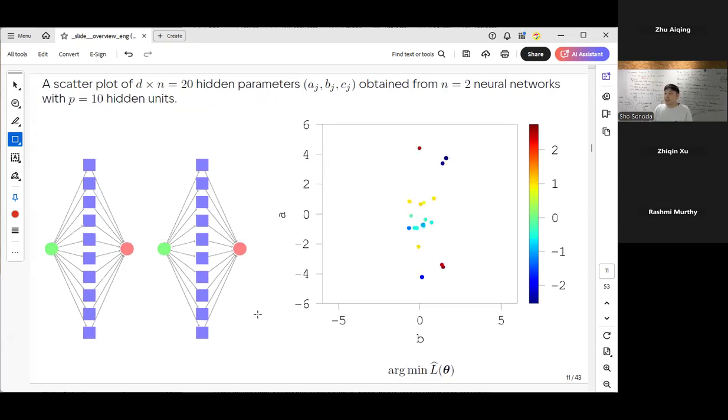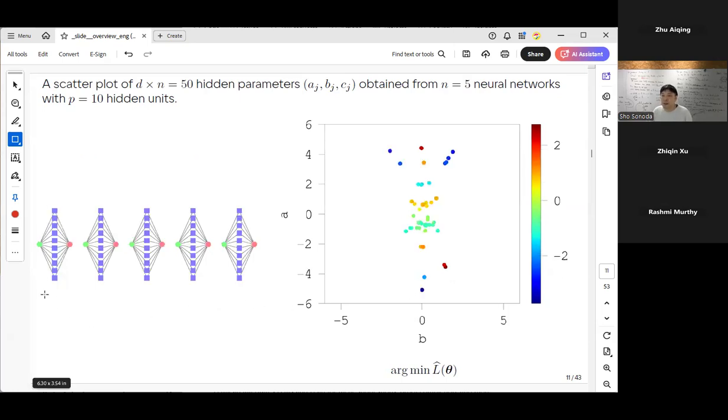And if we change the initial parameter, because the learning process is non-convex, they converge to different points. So if we train two networks, typically the converged points will be different, and we can now see the 20 points here.